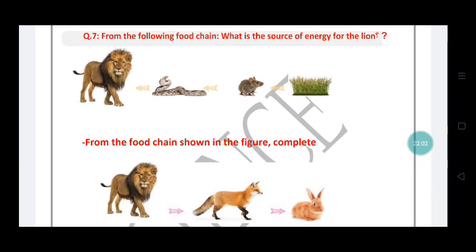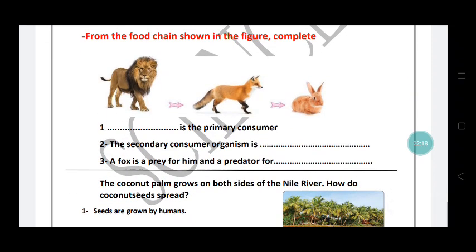From the following food chain, what is the source of energy for the lion? The source of energy is snake. Excellent. Okay, complete here. The primary consumer is rabbit. Excellent. Okay, the secondary consumer organism is fox. Excellent.